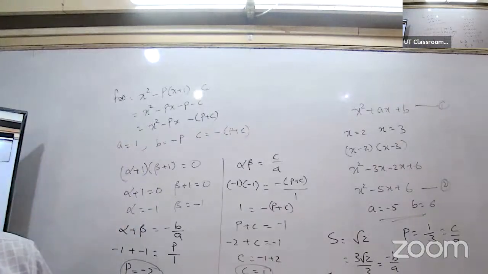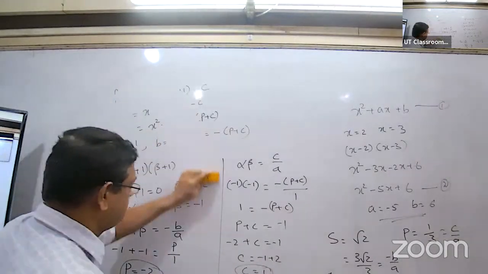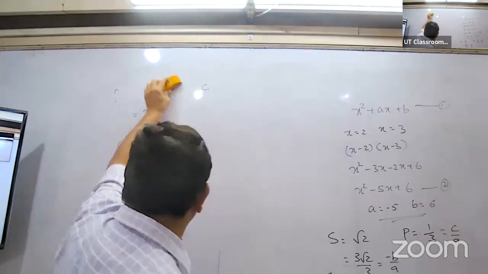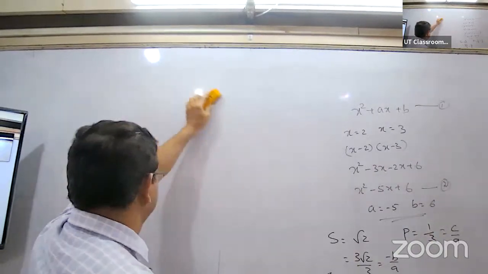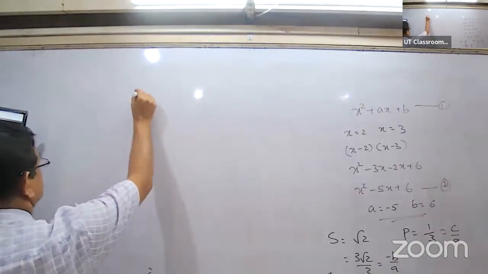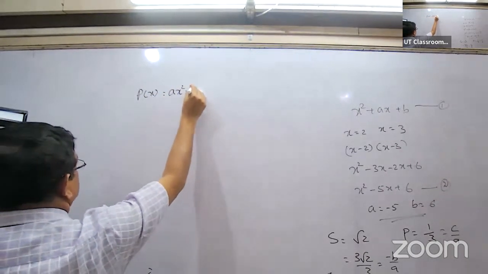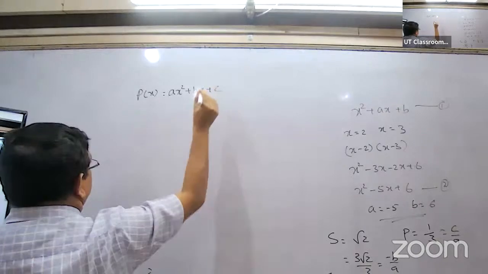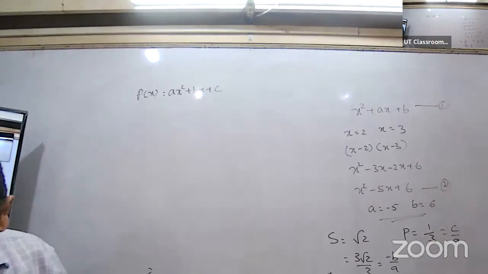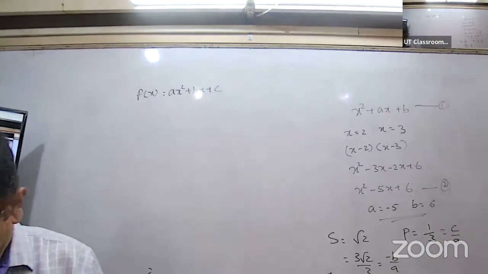This was question number which one? 6. Okay, 7th one. Who did not read? Okay, Shivam, read. P of x is equal to ax square plus bx plus c, be a quadratic polynomial. It can have at the most how many zeros?